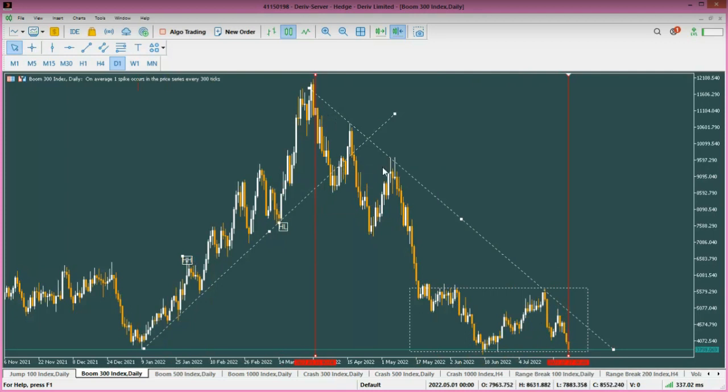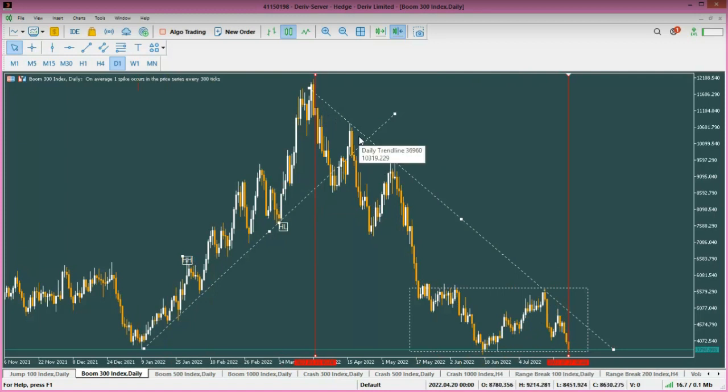And then on a downtrend, because on an uptrend we have higher highs and higher lows, but on a downtrend we have lower highs and lower lows. Lower high, what does that mean?